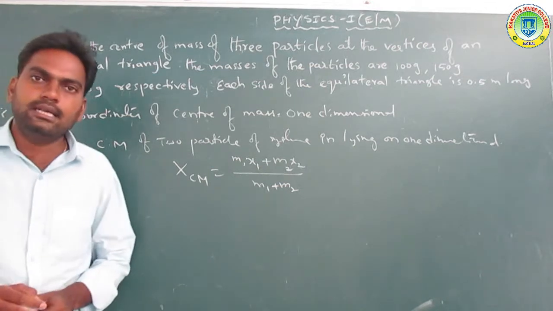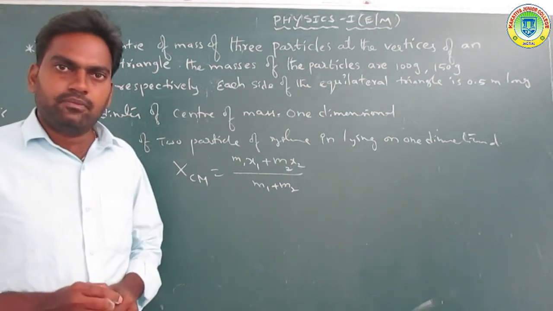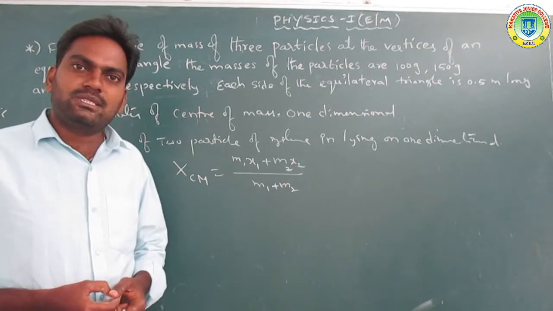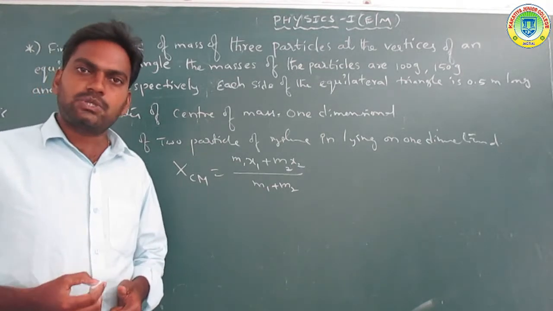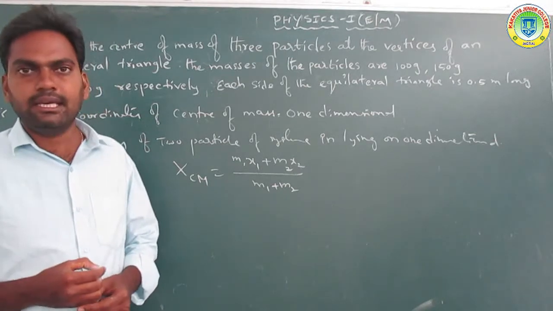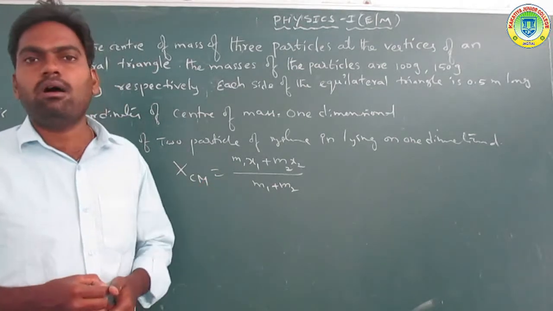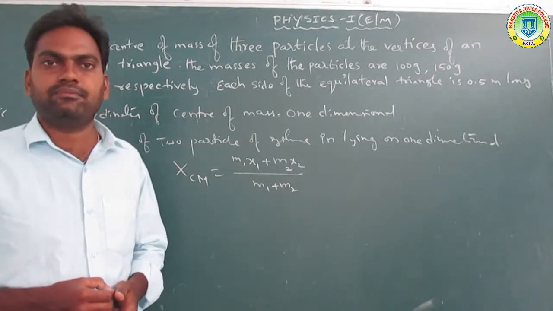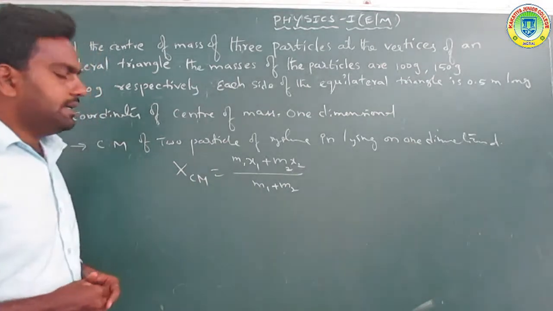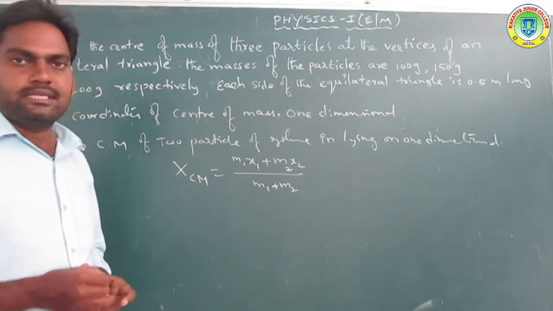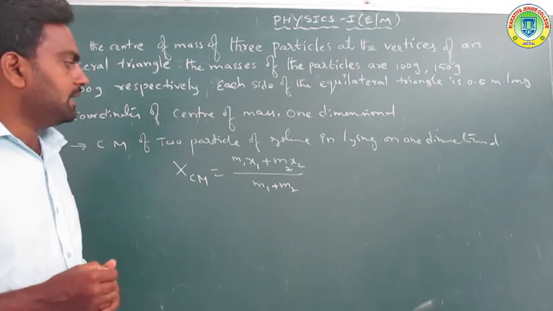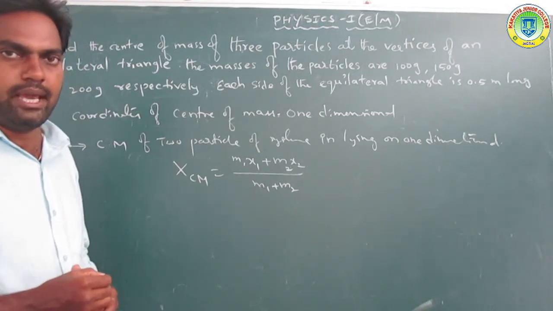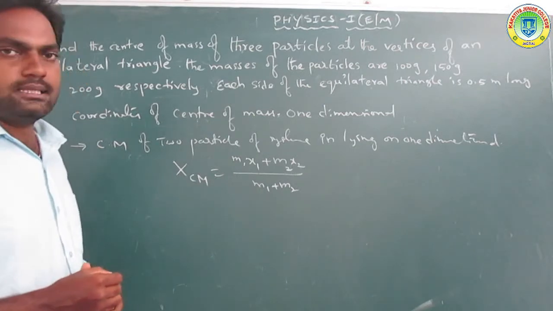And x1 and x2 are the positions of the masses from the origin of the system. So the formula is x cm equals m1 x1 plus m2 x2 by m1 plus m2.